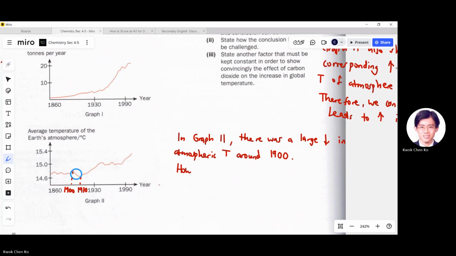However, like I say, be specific, talk about graph 1, graph 2. Graph 1, the CO2 continued to rise around 1900.